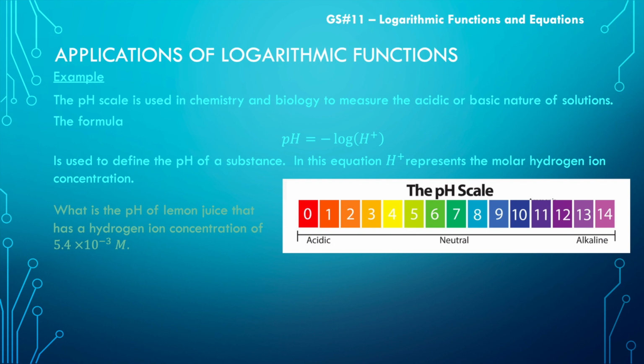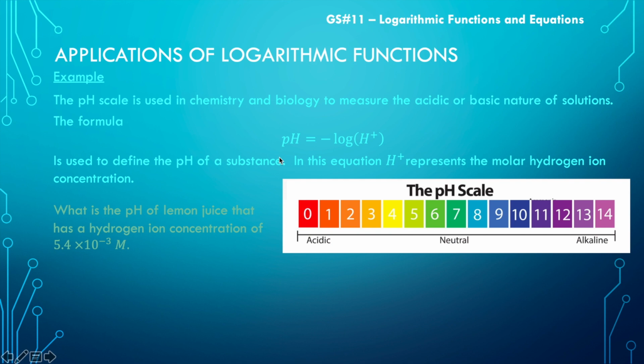Okay, so we are interested in what is the pH of lemon juice that has a hydrogen ion concentration of 5.4 times 10 to the negative third power moles. So we are going to take this value and sub it in right here because that is where the hydrogen ion concentration goes. And then we are going to crunch these numbers to find the pH.